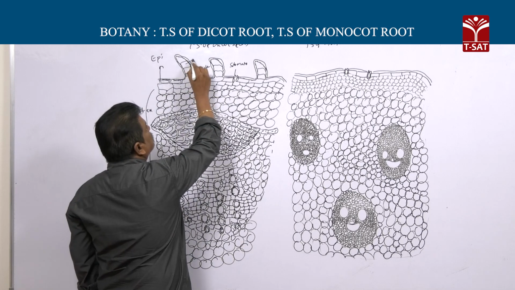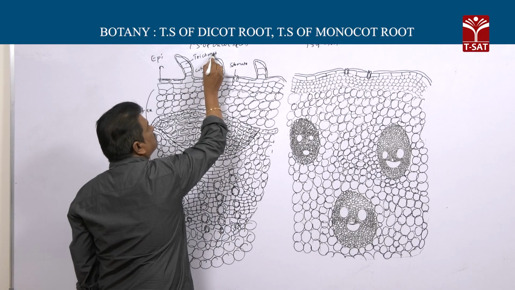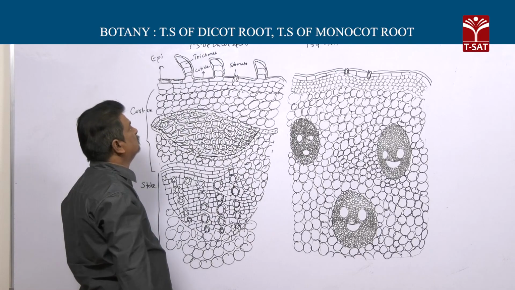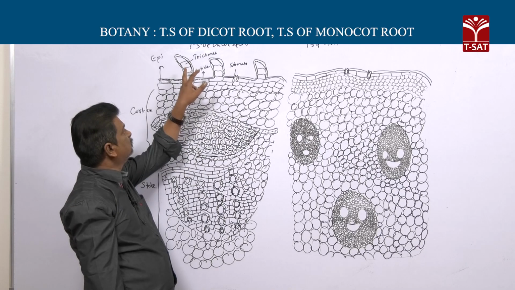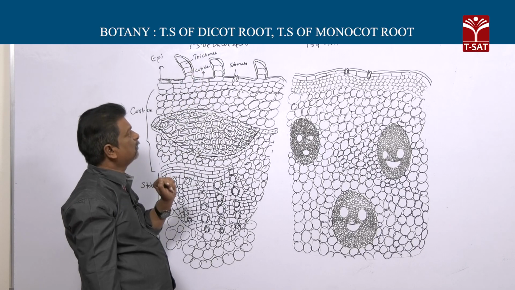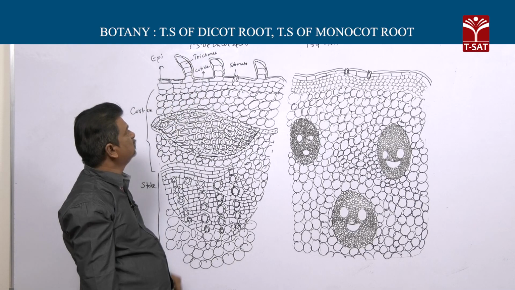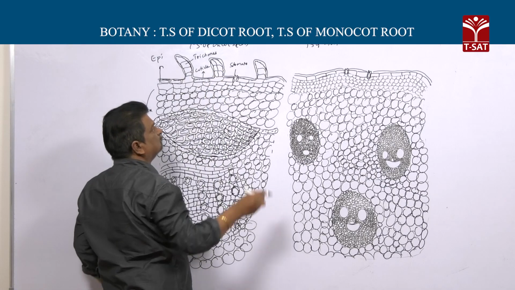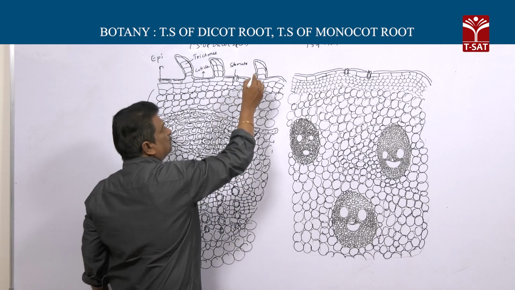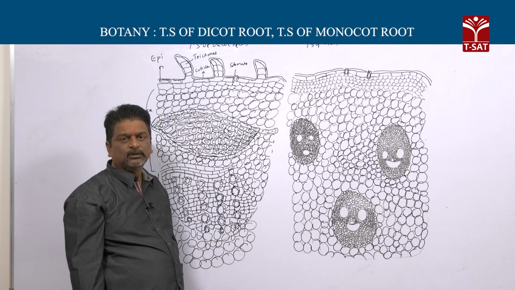Then this epidermis also produces multicellular outgrowths. Rightly, these multicellular outgrowths are called trichomes. Trichomes are multicellular, then uniseriate, cells arranged in one row, or biseriate, cells arranged in two rows, or multiseriate, cells arranged in many rows.